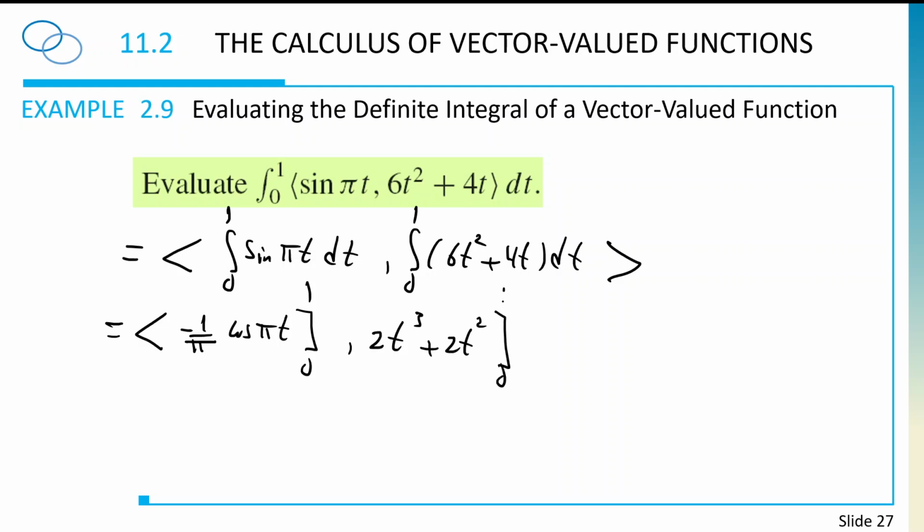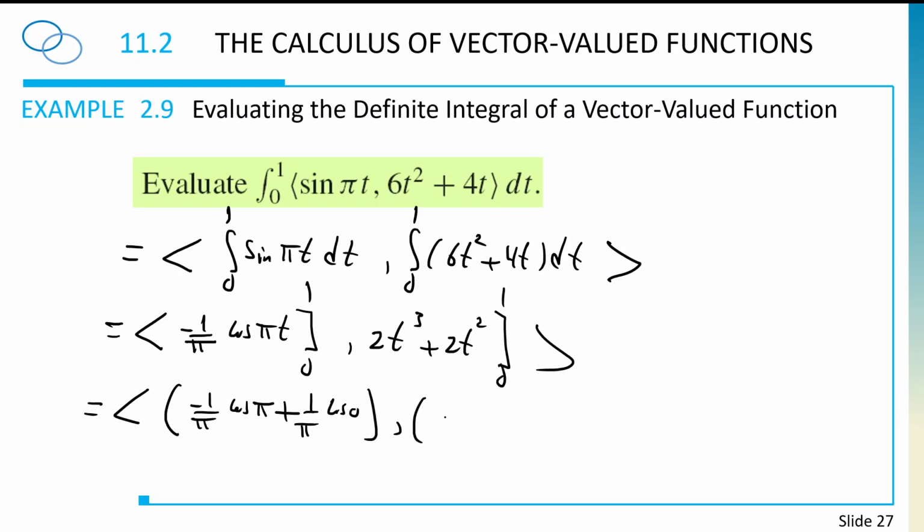Again, I'll replace from 0 to 1. Remember, when we replace, you take the upper bound minus the lower bound. So you replace with 1, so this is negative 1 over pi cosine pi, minus, now I replace 0, minus minus positive 1 over pi cosine 0. Okay, you do this calculation.